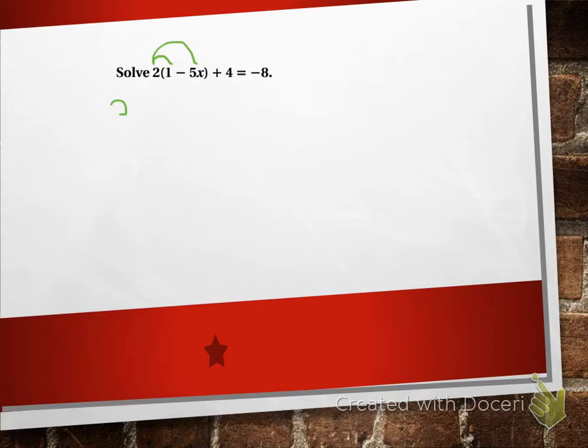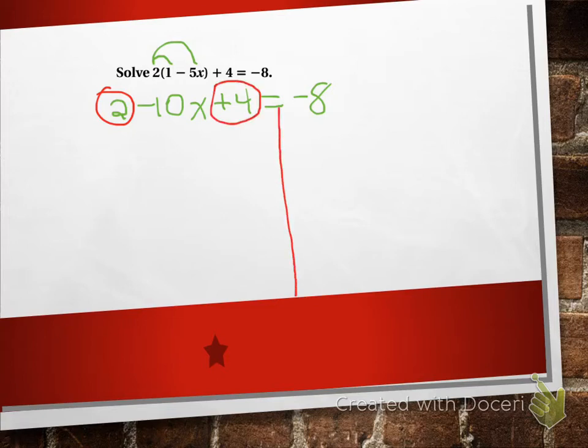So I'm going to have 2 minus 10x plus 4 is equal to a negative 8. Now that we've distributed, our next step is going to be to combine like terms. I've got a 2 here, and I've got a plus 4 here. Remember, can only combine on the same side. So I'm going to be left with a negative 10x plus 6 equal to negative 8.